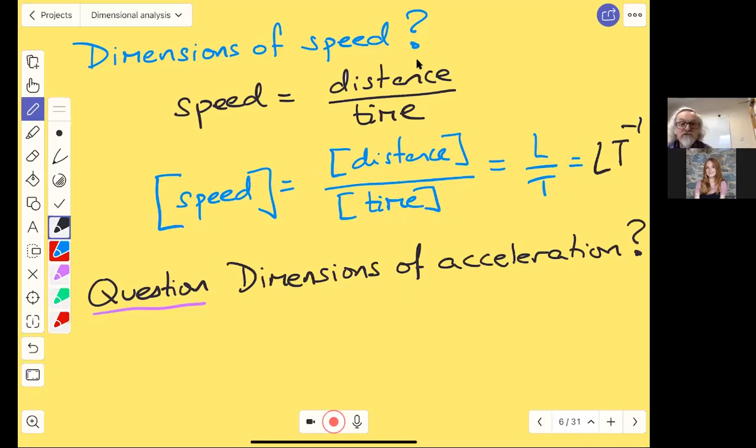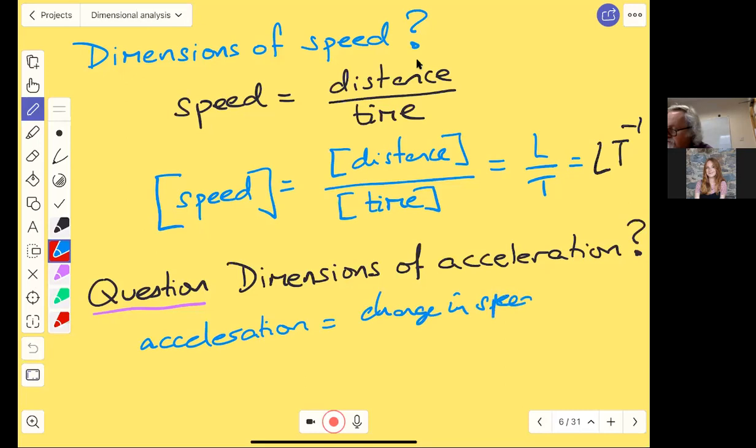So my question for you is, what are the dimensions of acceleration? So what is acceleration? I hope several of you are already writing it down. Good, thank you, Luke, perfect. So acceleration is a change in speed divided by the time taken.